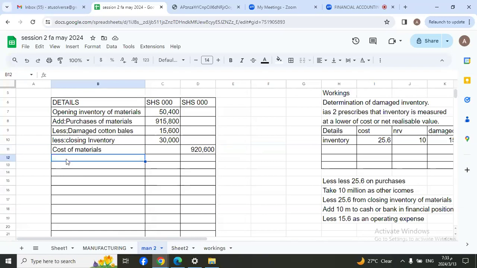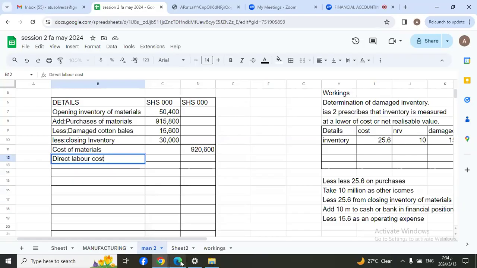So from there, we are going to add direct labor cost. So from our question, what is our direct labor cost?